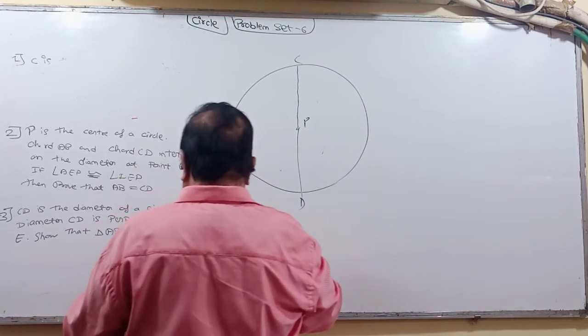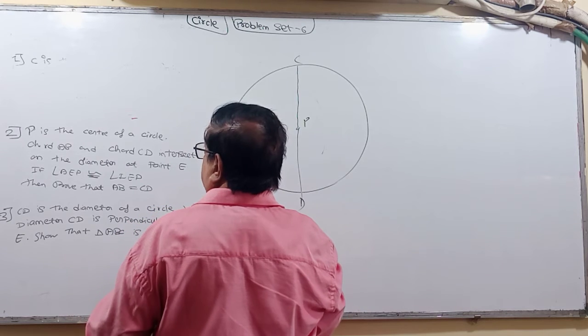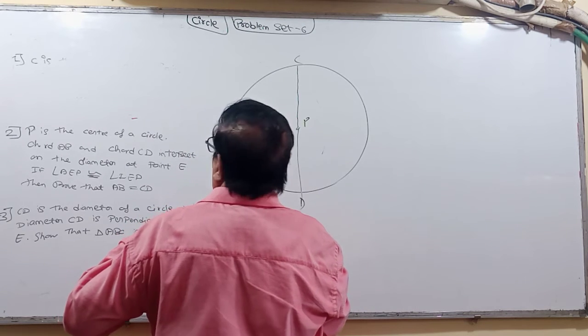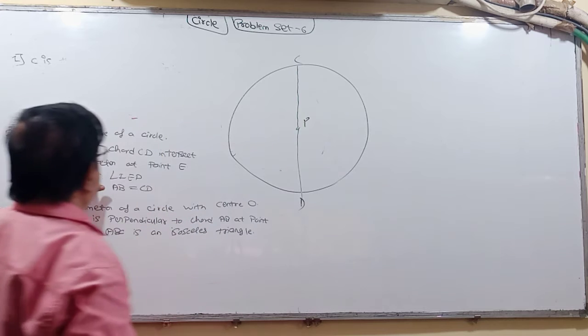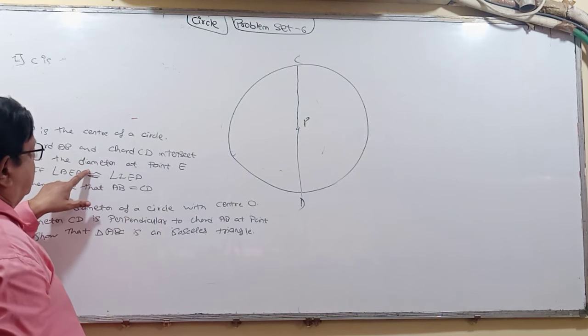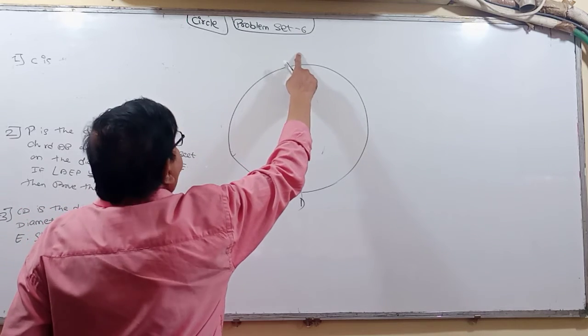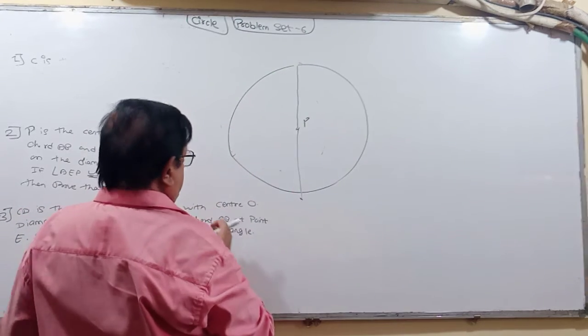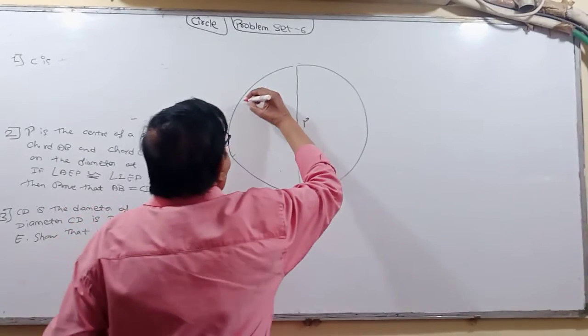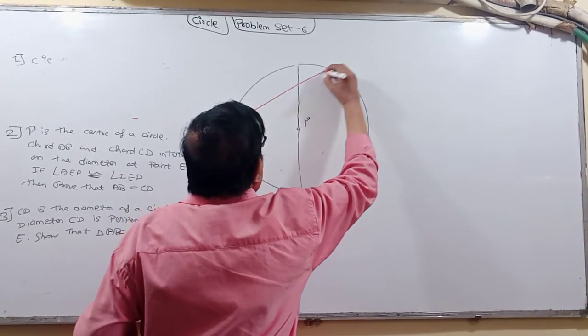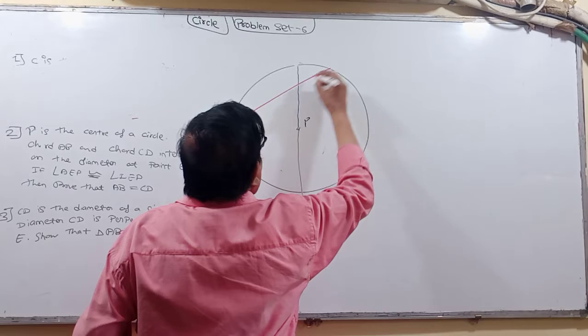One chord is AB, the other chord is CD. They intersect on the diameter at point E. Chord AB and chord CD. This is chord AB.